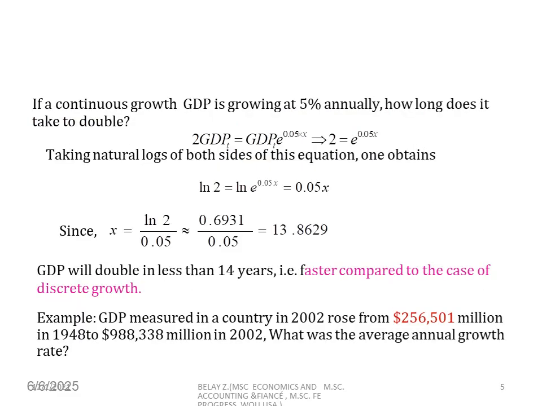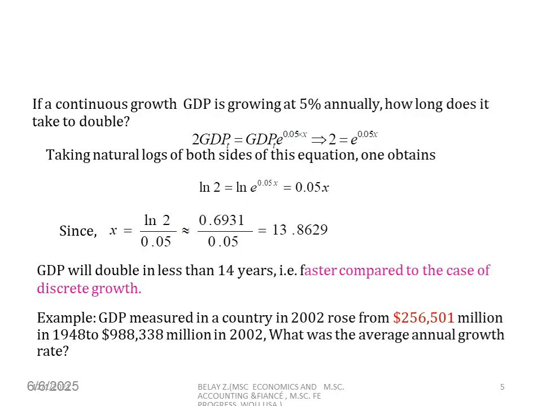If the continuous growth GDP is growing at 5% annually, how long does it take to double? In the previous way, to double it takes around 40 years, 40 point some years or months. To make it double, 2 times the GDP at time t is equal to GDP t times e to the power of 0.05 times x.